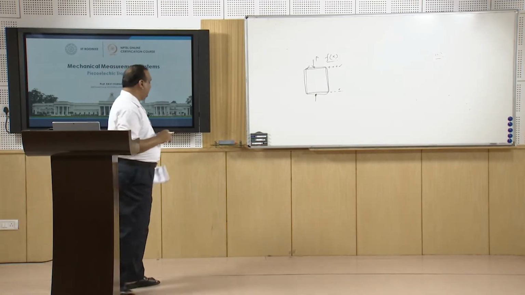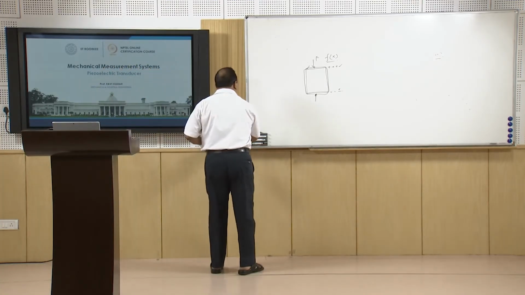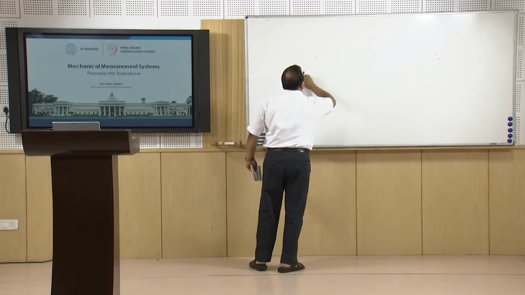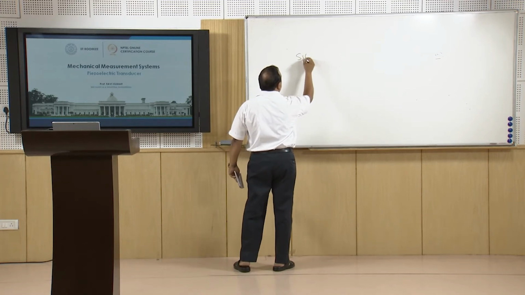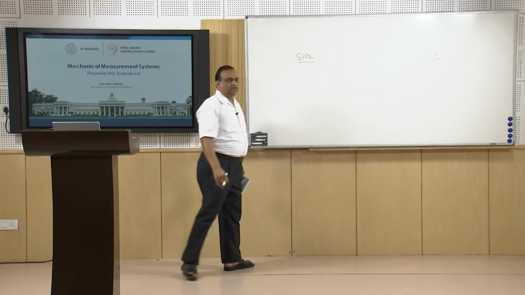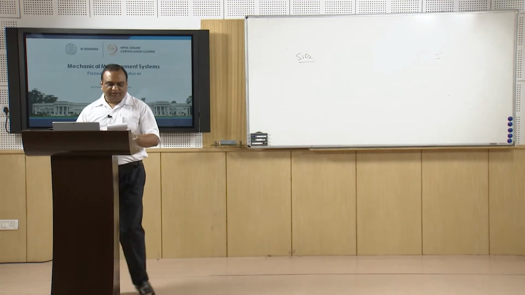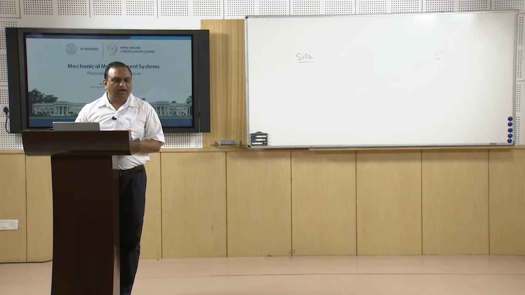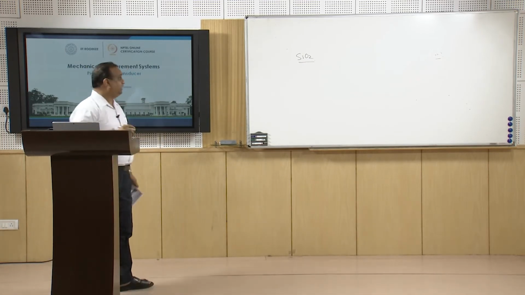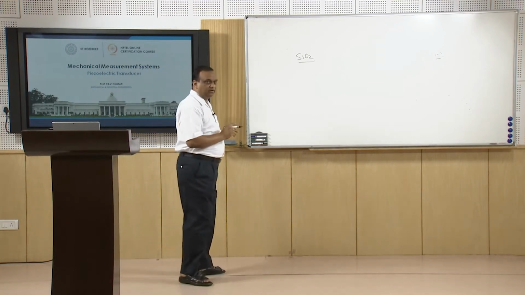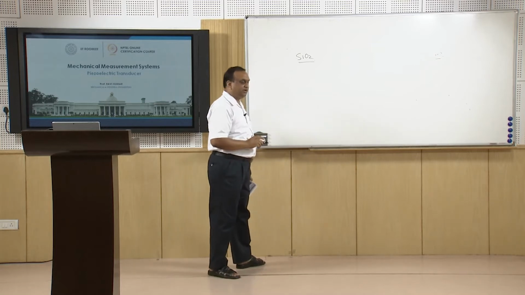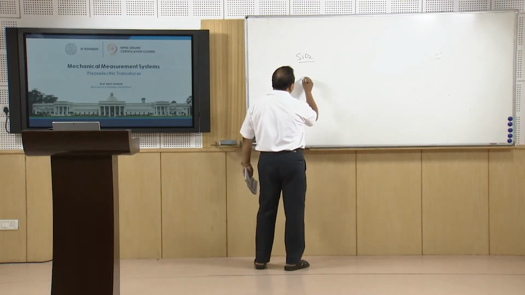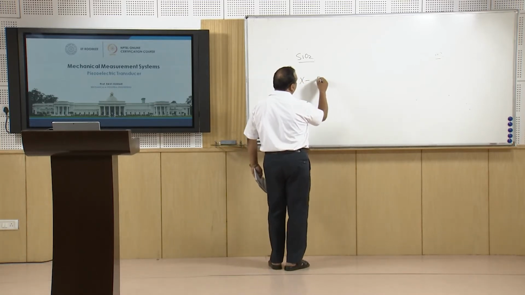Quartz is essentially a piezoelectric substance. Quartz is silicon dioxide. This is quartz. Okay, it is available in nature in abundance. Now, every piezoelectric crystal, let us talk in terms of crystal, has three axes, right? One is x-axis, which is called electrical axis.